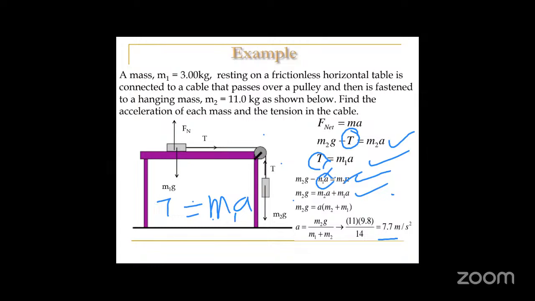Since our A is 7.7 and our M1 is 3, our tension will be 3 times 7.7, which is 23.1 Newtons. So that is our tension.